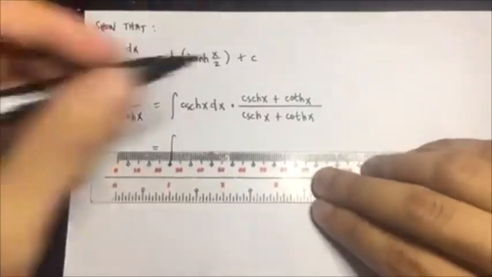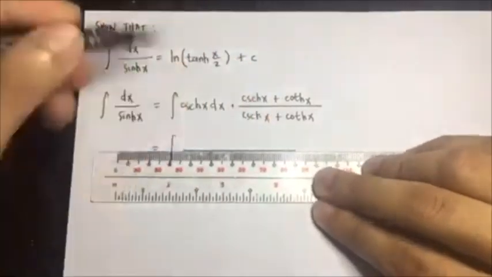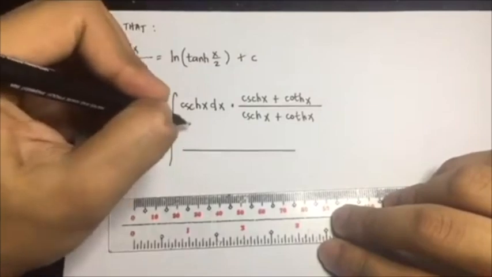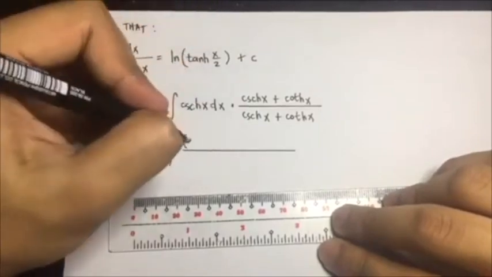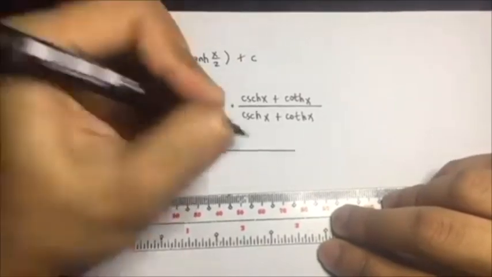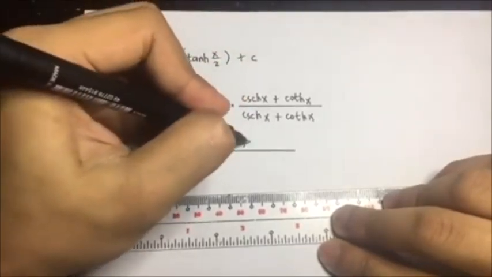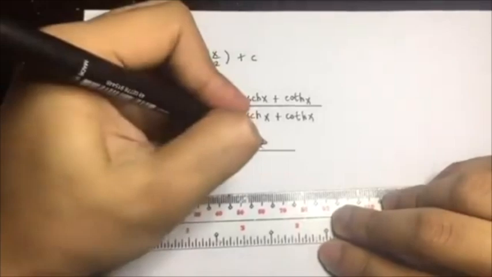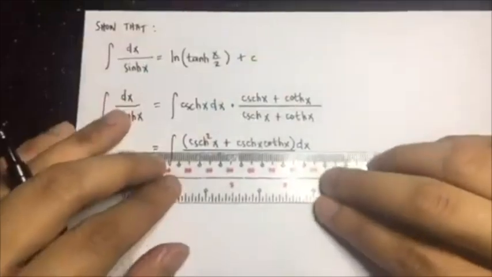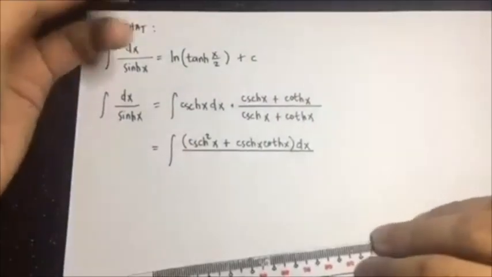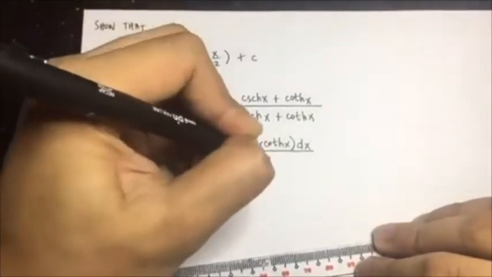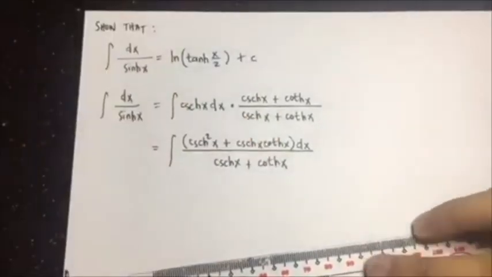Distributing the numerator, and factoring out dx first, we have hyperbolic cosecant squared of x plus hyperbolic cosecant x hyperbolic cotangent x, and then dx. Okay, in the denominator, it's hyperbolic cosecant of x plus hyperbolic cotangent of x.